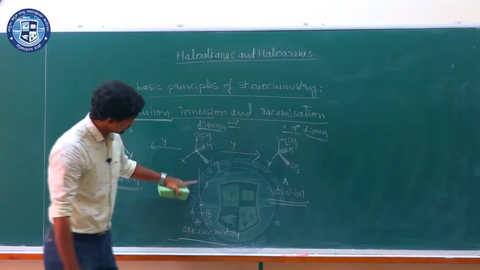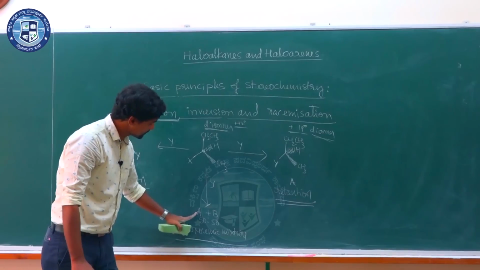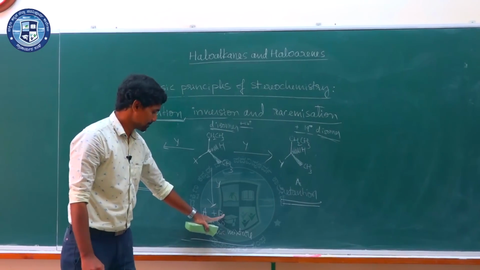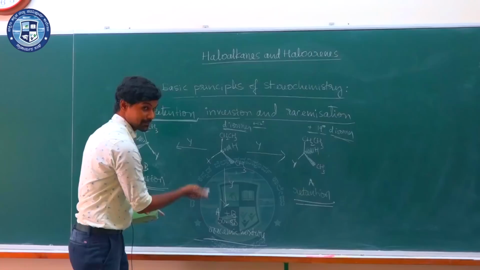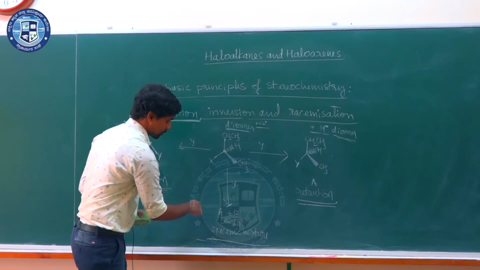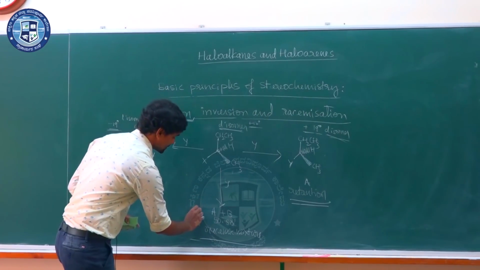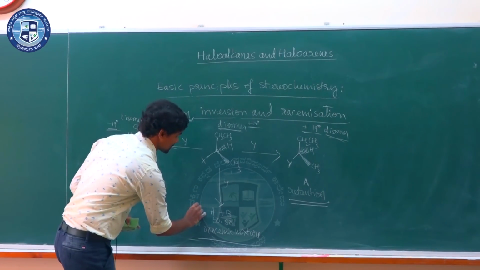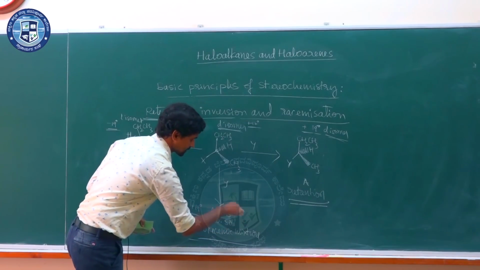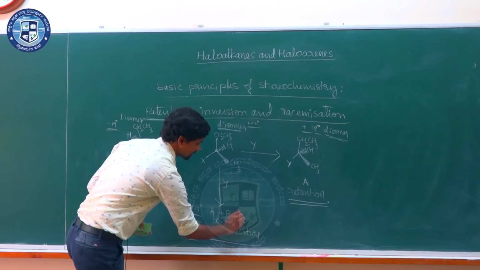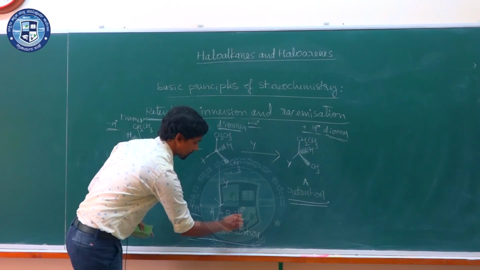Now, here when you get 50% of A and 50% of B, here A rotates the plane polarized light towards the clockwise direction, and specific rotation is plus 19 degree, and B rotates to the anti-clockwise direction, minus 19 degree.